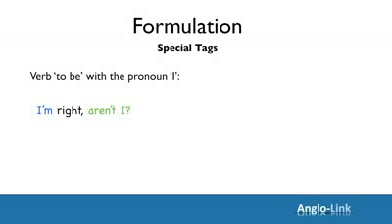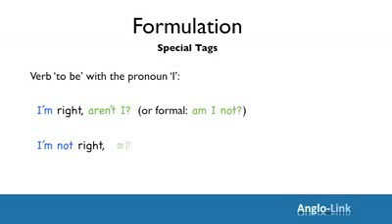I'm right, aren't I? You can use the full form, but it will be too formal, as I've mentioned before. I'm right, am I not? For the negative statement, the tag is am I, as you would expect. I'm not right, am I?